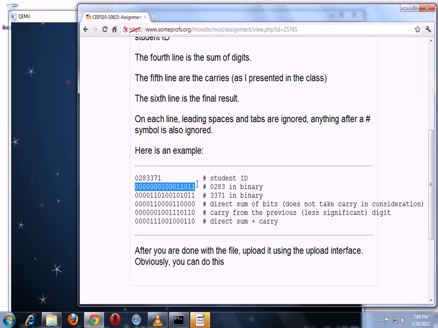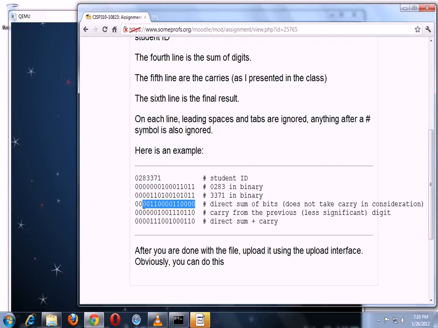Okay, that should be a pretty easy job to do. Most calculators can do that. If you don't have a calculator that can do base conversion, use the one in Windows. The next line, the third line, is 3371 in binary, because that's the last 4 digits of the student ID, and it turns out to be this particular bit pattern.